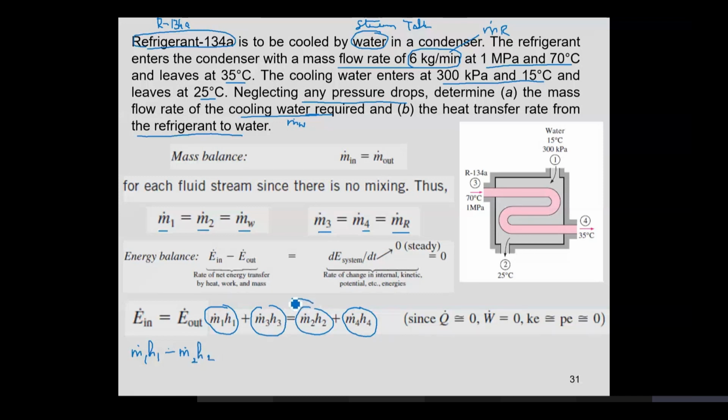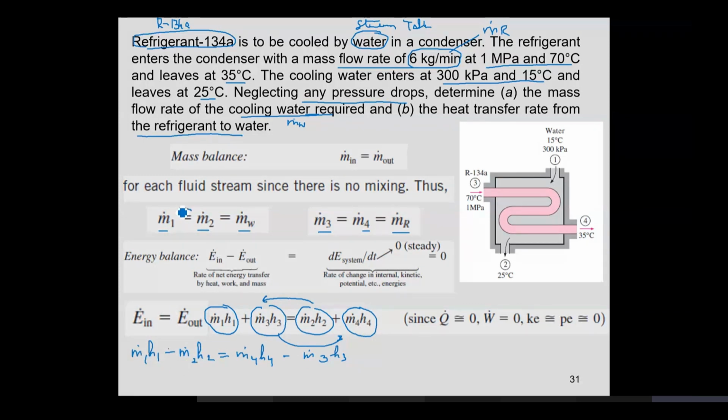I'll take the refrigerant term on the right hand side, so I'll have m dot 4 h4 minus m dot 3 h3. Now the refrigerant terms are on the right hand side and the water terms are on the left hand side.